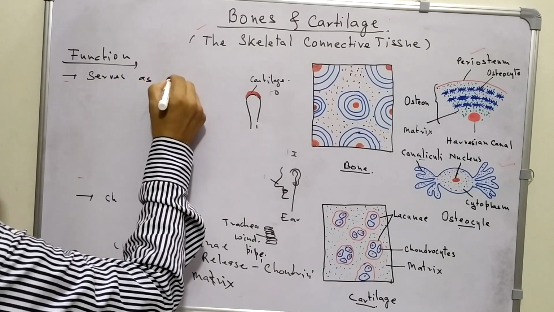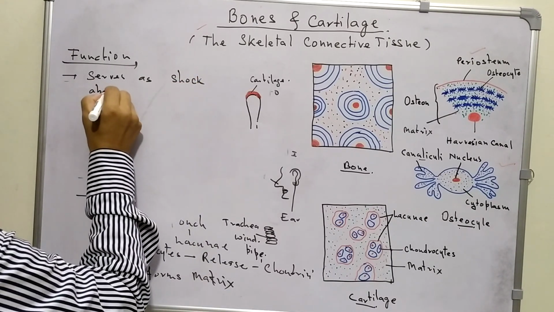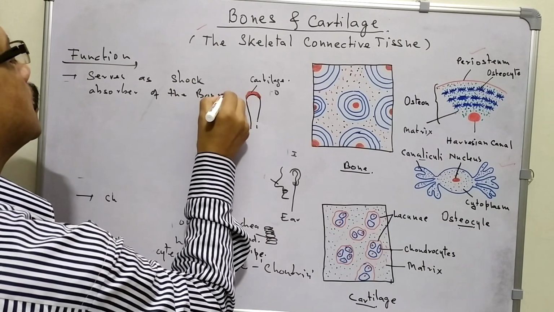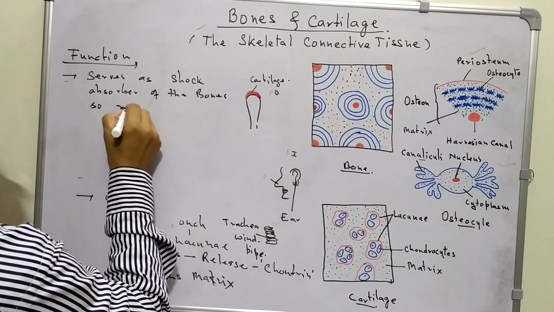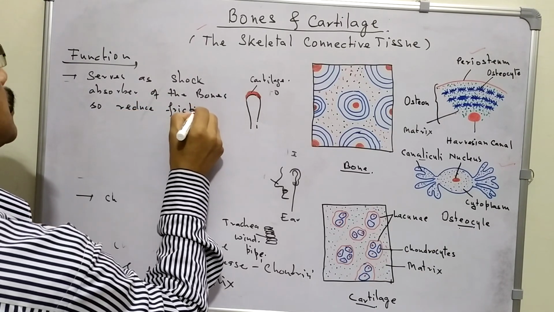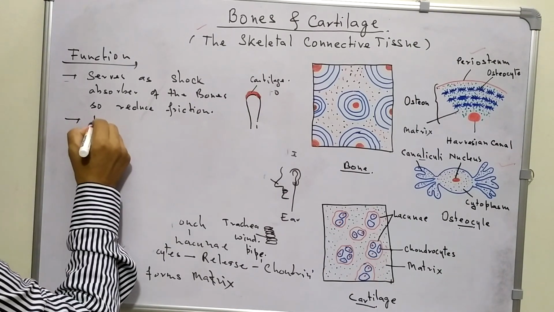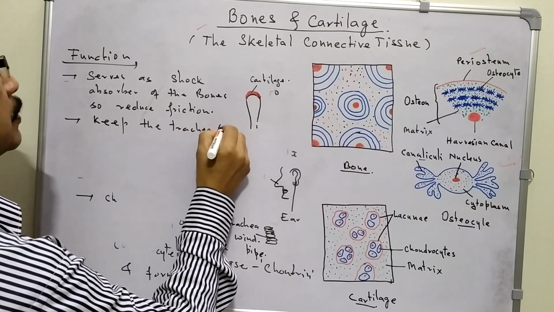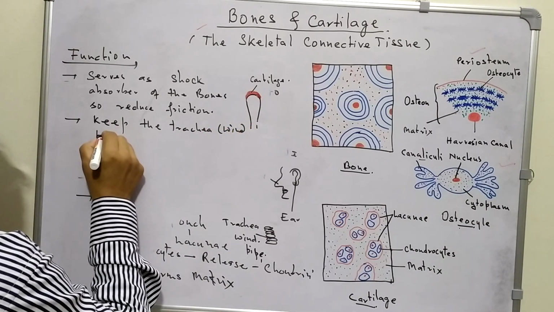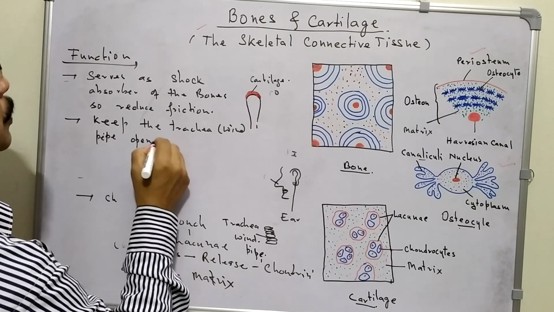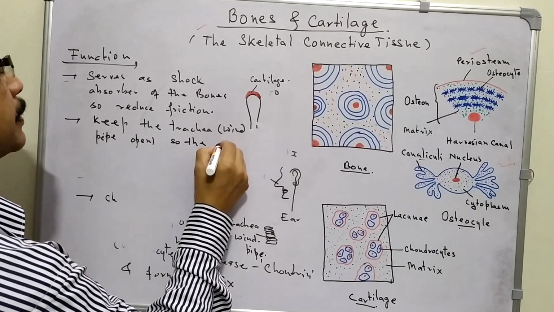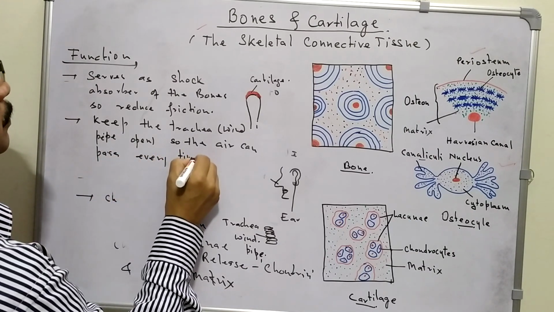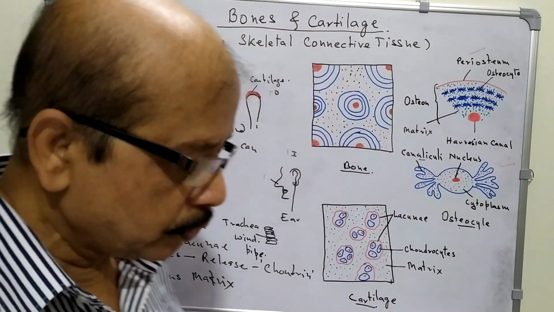Serves as a shock absorber of the bones, so reduces friction. Keeps the trachea, that is the windpipe, open so the air can pass every time. Apart from this, they provide flexibility to the body.